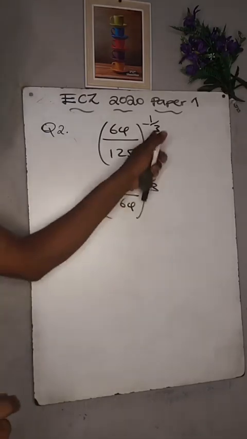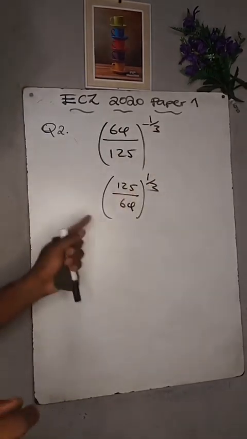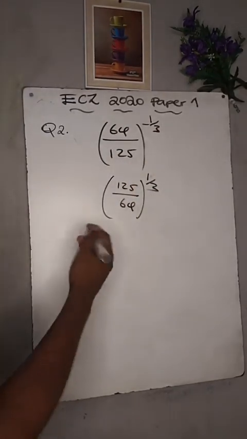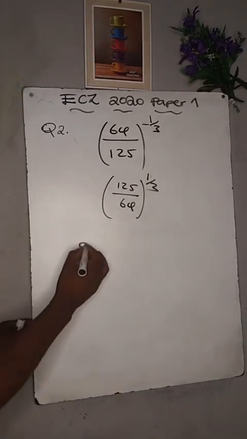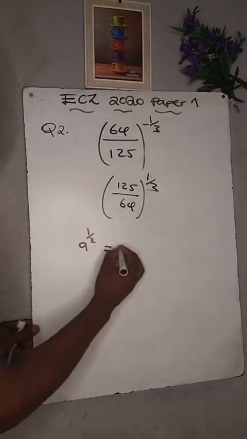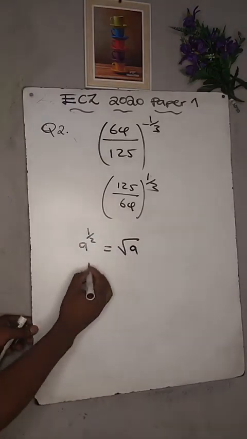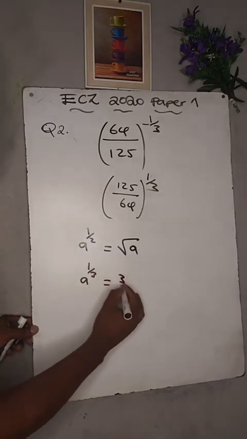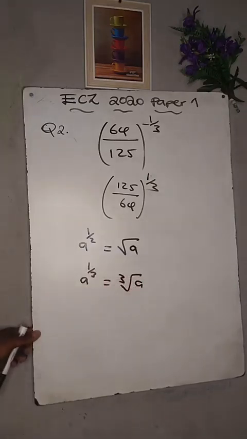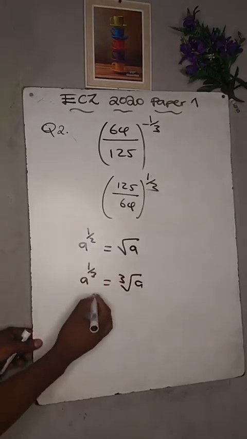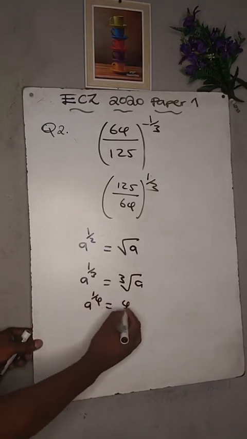If your denominator is 3, like the way we have a 3 there, you cube root. So what it means is a to the power 1 over 2 is the same as the square root of a. And a to the power 1 over 3 is the same as the cube root of a. A to the power 1 over 4 is the same as the fourth root of a.